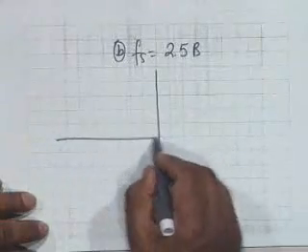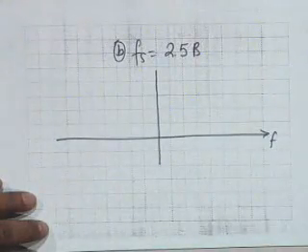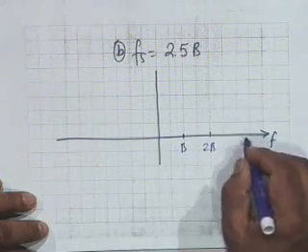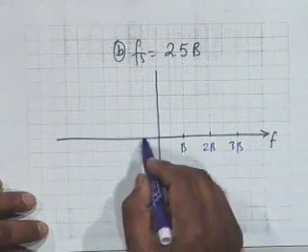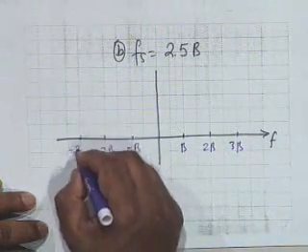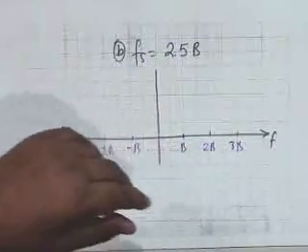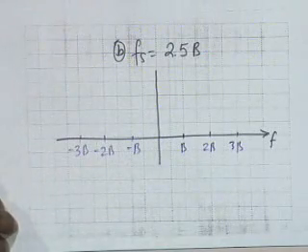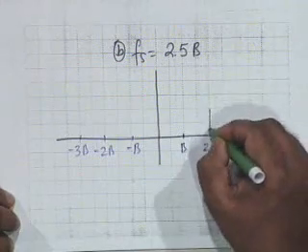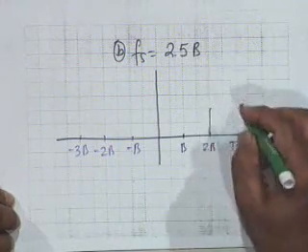Let's look at Fs equal to 2.5b. Now you shall have an interesting episode. You have b, 2b, 3b, minus b, minus 2b, minus 3b.